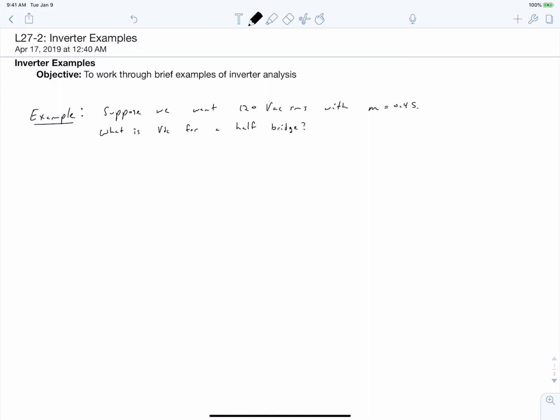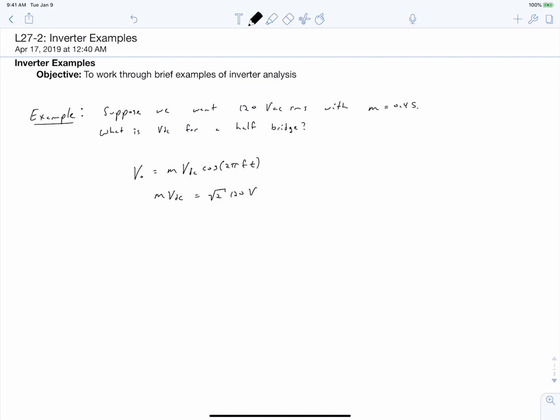So we've previously talked about, for a half bridge inverter, our output voltage is equal to M times our DC bus value times the cosine at the frequency that we're trying to output. And so we can solve this expression for M VDC equals square root of 2 times 120 volts.